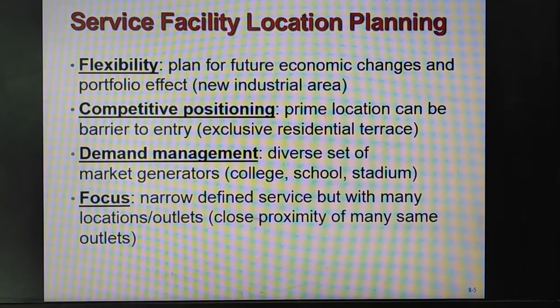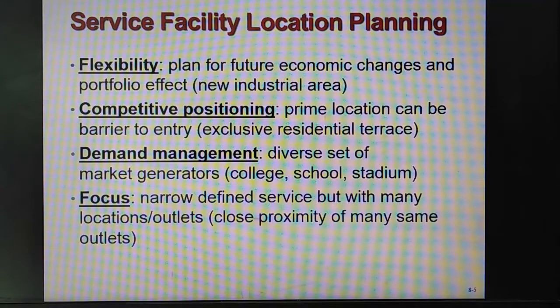Third, facility location planning can also be looked at from demand management. What are the other features attributed to the location which may create demand in future? For example, colleges, schools, stadium, bus station, and so on. So these are called market generators for future.